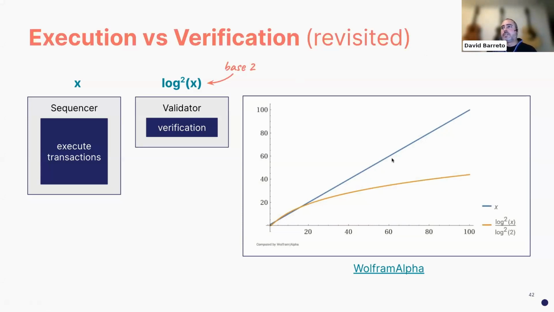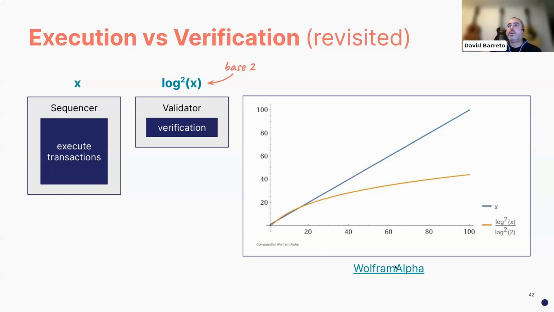So while the sequencer has to do X amount of work, for example, if the transaction requires 100 CPU cycles, the sequencer has to do 100 CPU cycles to execute the transaction. But to verify the associated validity proof, to have certainty of the integrity of the computation, it's only about 40, right? Because it's going to be log squared of X based.